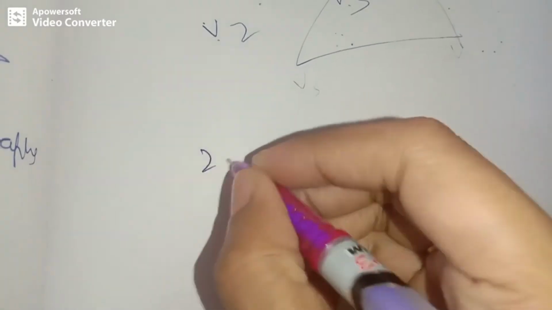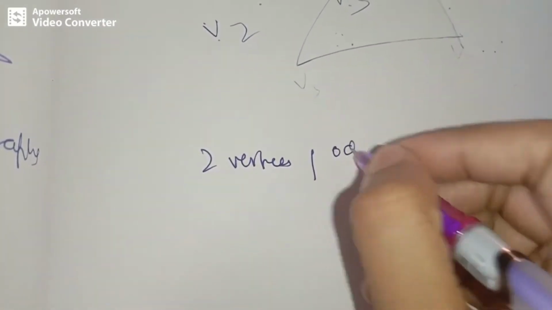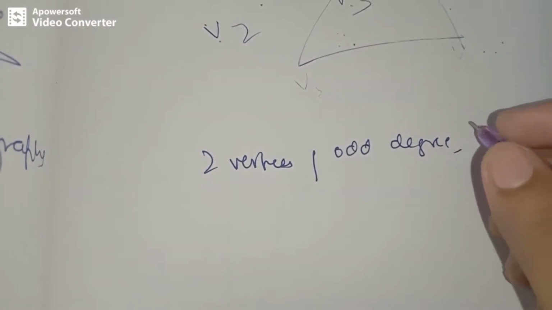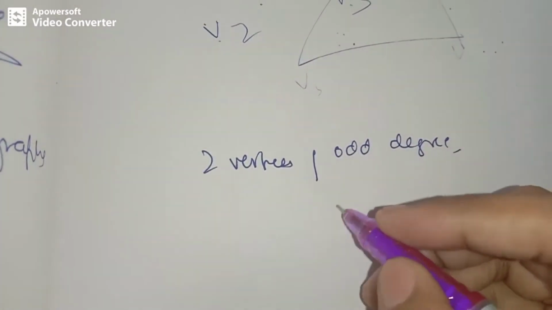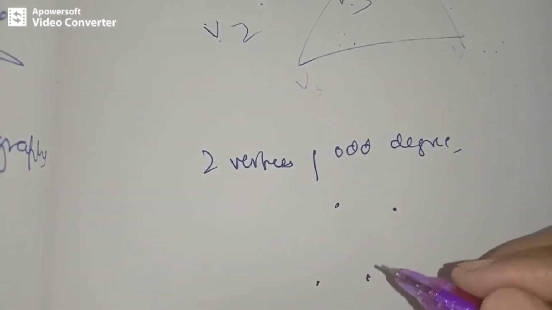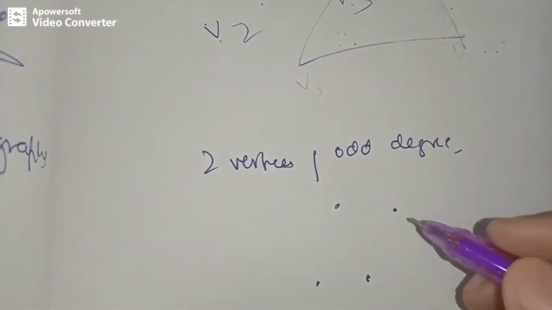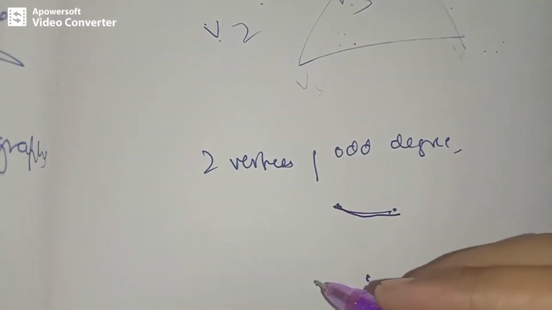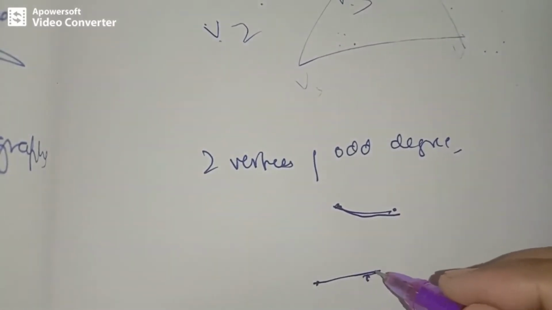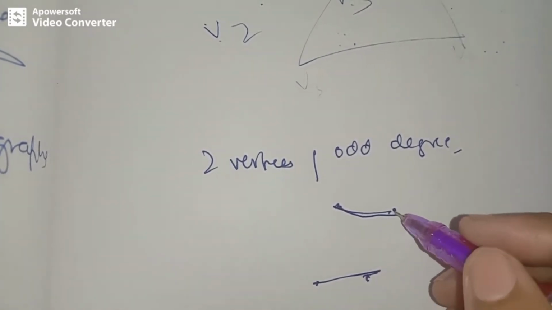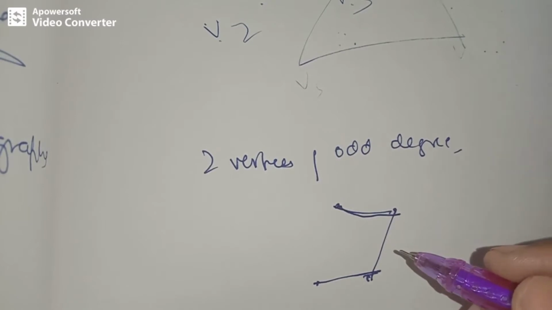If a graph has exactly two vertices of odd degree, then there must be a path connecting those vertices. That is, if I have a graph which consists of exactly two vertices of odd degree, let's say this is the graph.